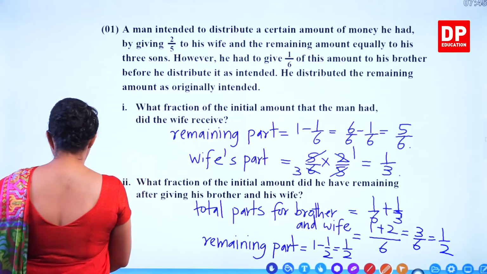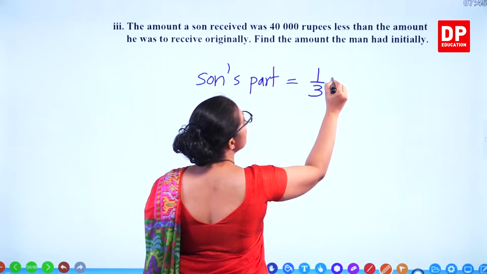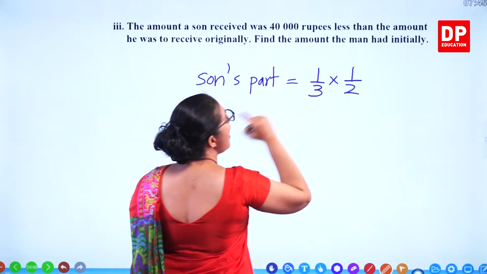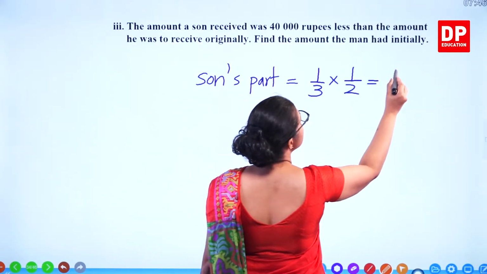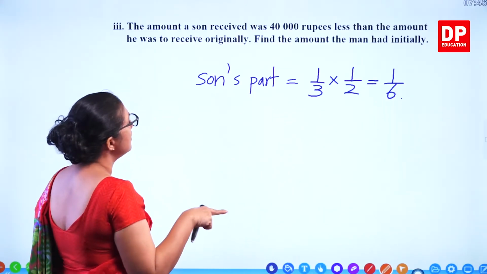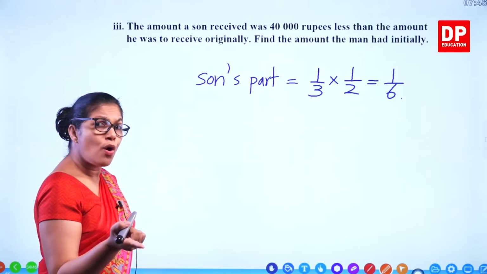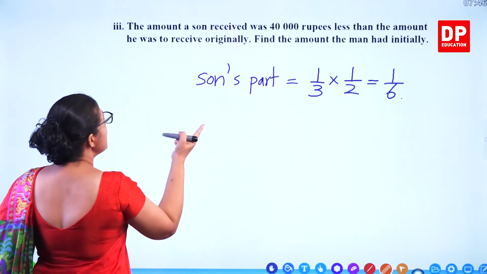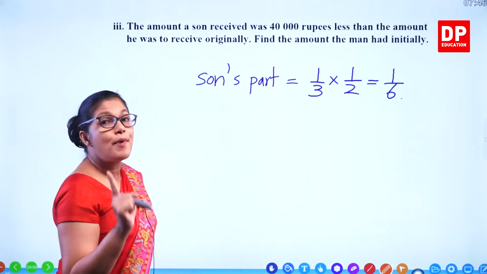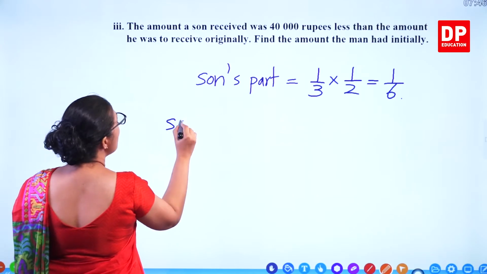So one son gets 1/3 of the remaining half, and 1/3 of that is 1/6. That's the part the son is getting now. Before, without giving to the brother, what's the son's part before?